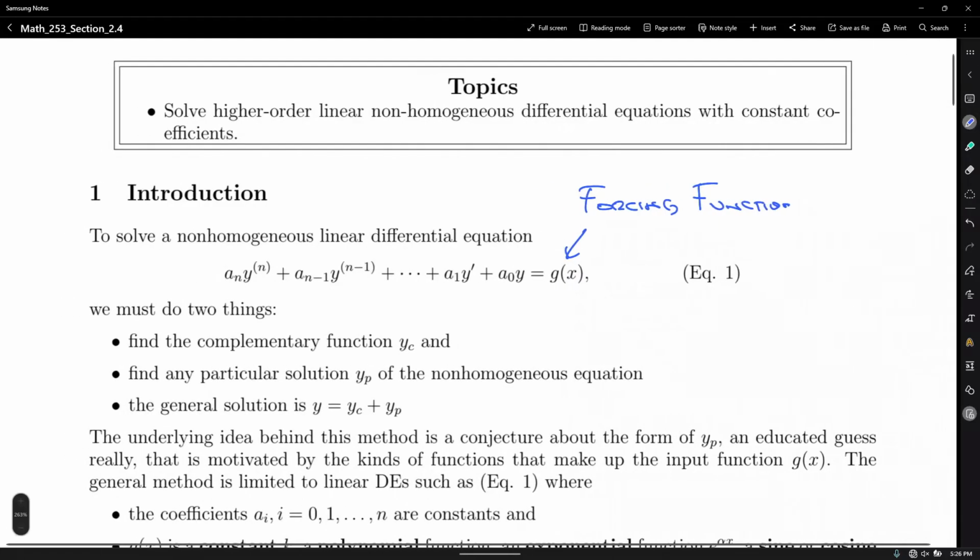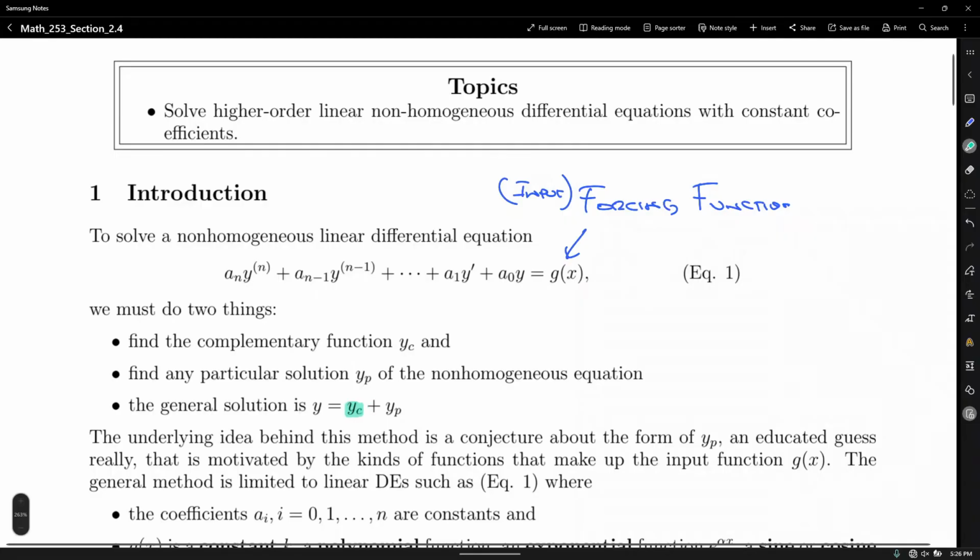It's like whatever speed, velocity or acceleration equals something, some input or forcing function. All right? Okay, so there's two things we need to do here for an equation like this. We're going to split the solution to the differential equation into parts.